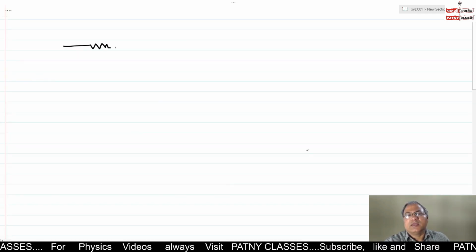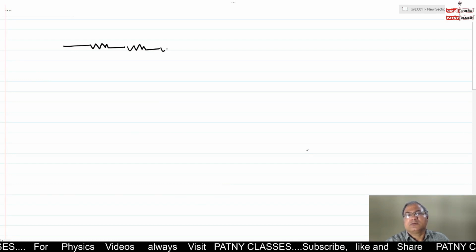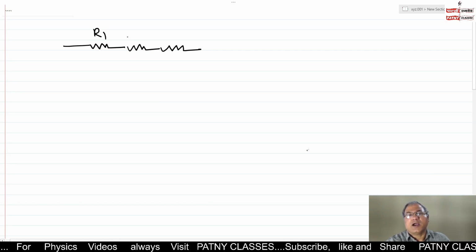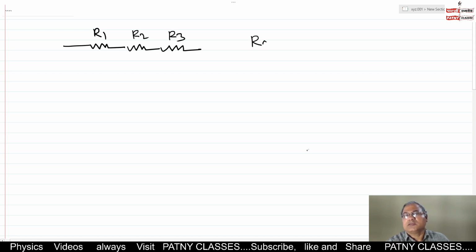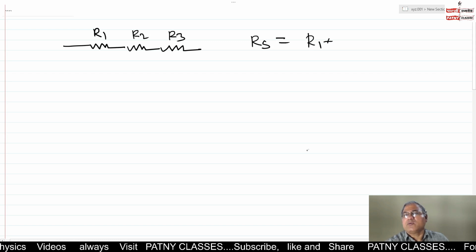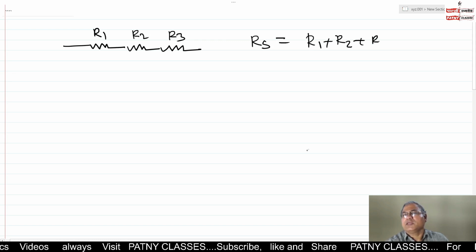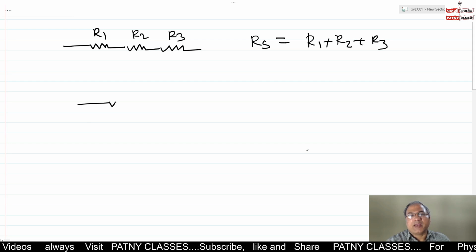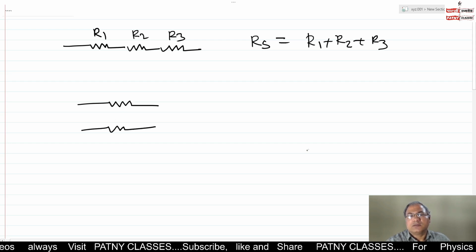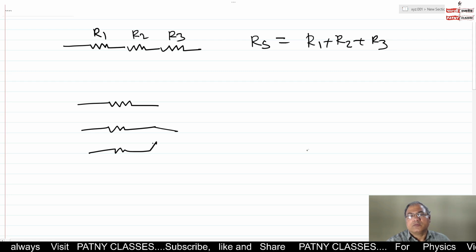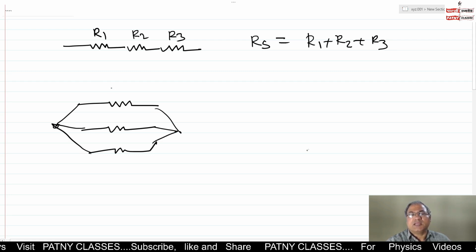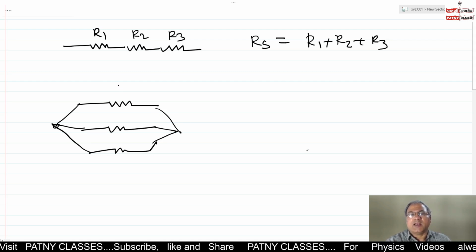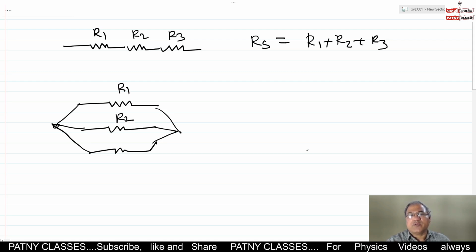So let me summarize the thing. In series combination, here are R1, R2 and R3. So Rs equals R1 plus R2 plus R3. And in parallel combination, we have the 3 resistors here. Not necessarily 3, you can have 4, 5, 10, n number of resistors. 3 for the sake of simplicity I have taken.